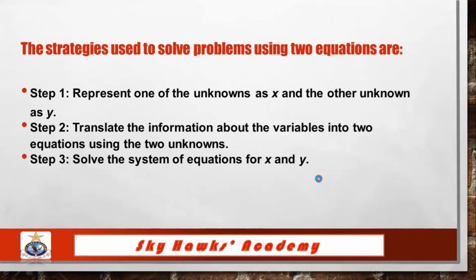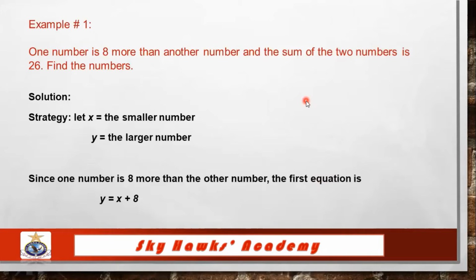Now the next is example 1. Just please read this one. One number is eight more than another number, and the sum of the two numbers is 26. Find the numbers. Now from the statement we can say, the one number and the other number.